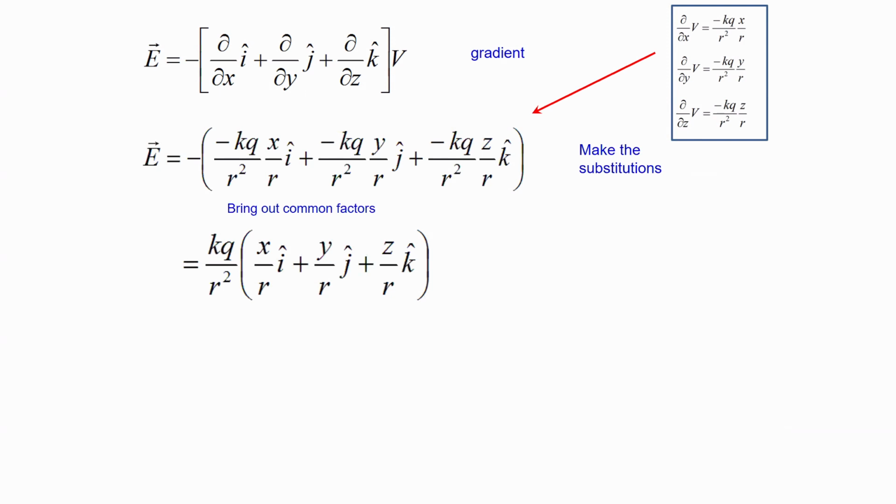And this is basically your R hat, the unit radial vector in Cartesian coordinates here. And so, that being said, we're back to where we started. Sort of, which is good.